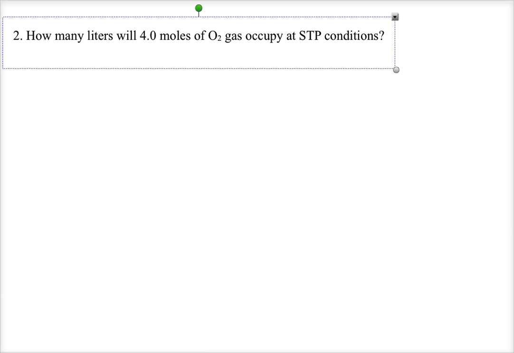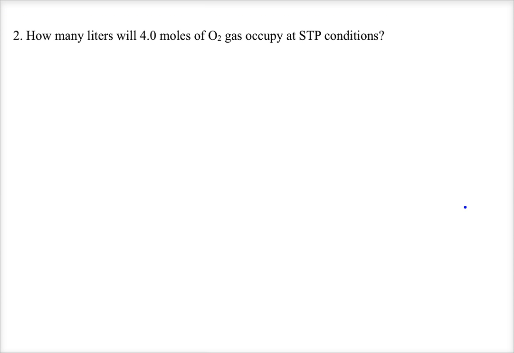Let's take a look at the second question. How many liters will 4 moles of oxygen gas occupy at STP conditions? We're going to start with the given quantity of 4.0 moles. We're being asked to find out how many liters that is. So we set up a conversion fraction.